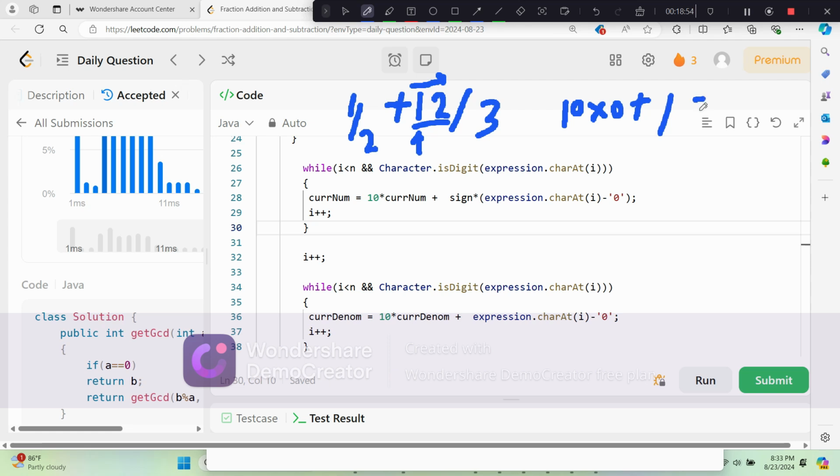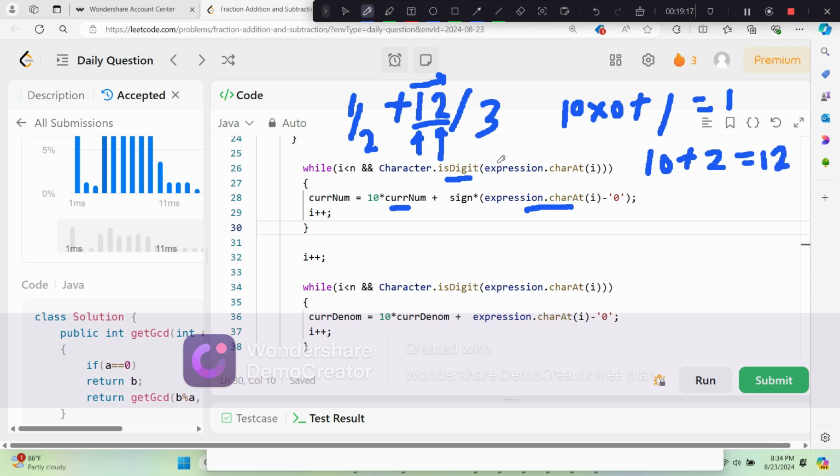So this time it would be 1. Okay, then 2 is also a digit, right? So we will still keep on going. Now this time curnum equal to 1. So 10 into 1 would become 10, right? 10 plus this is 2, char at i is 2. So 10 plus 2, now it will become 12.